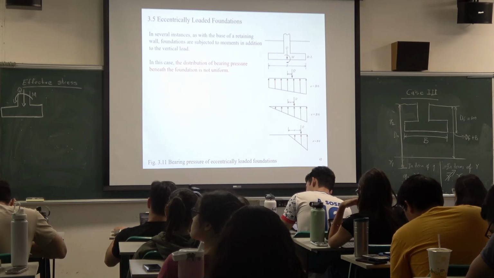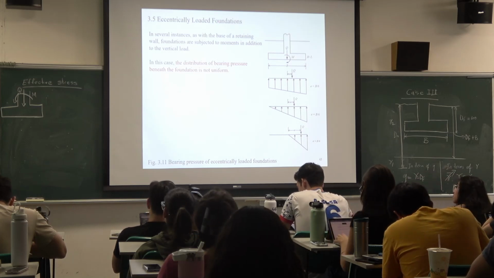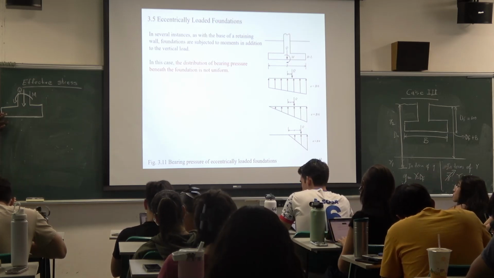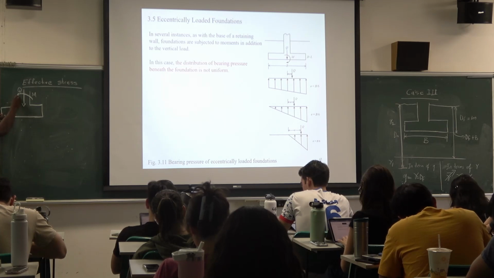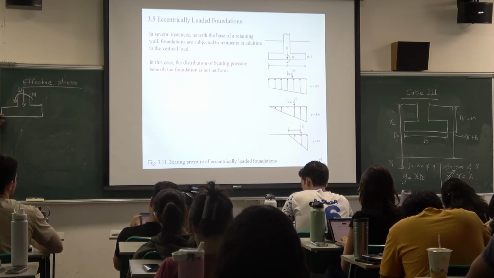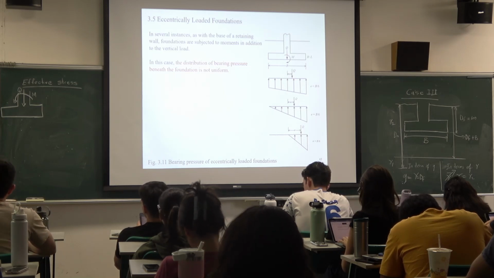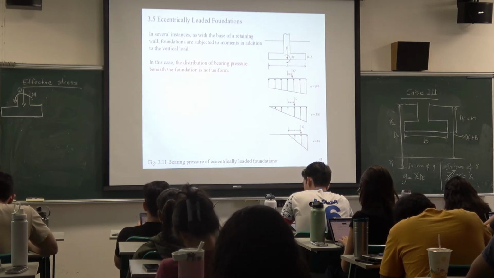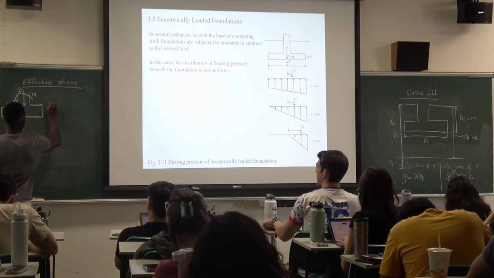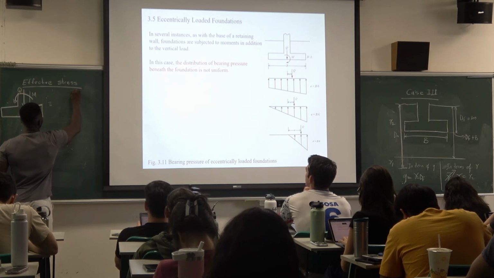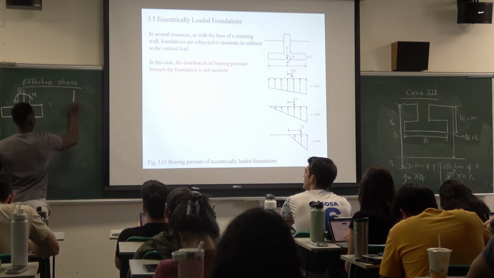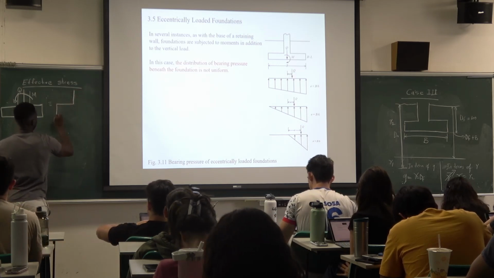If you have a moment acting on the foundation, the resultant loading on this foundation will actually not be at the center. It will shift a little bit. It will move somewhere. For example, for this kind of situation, we may have something like this.